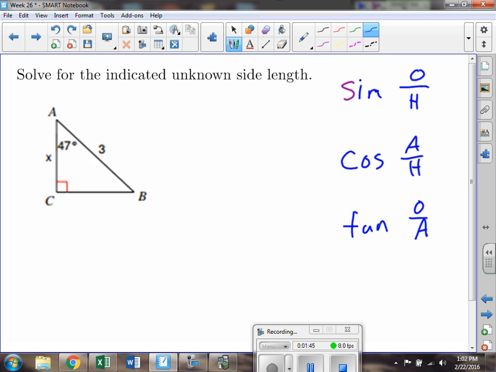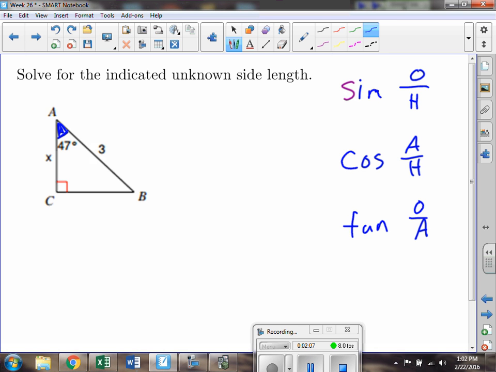One of these 3, sine, cosine, or tangent, will serve as the foundation for solving the problem. In particular, consider the angle. Which pieces do we have based on the angle? Do we have opposite, adjacent, or hypotenuse?